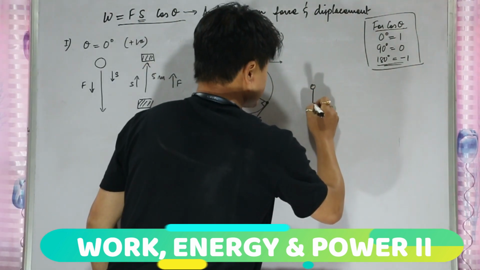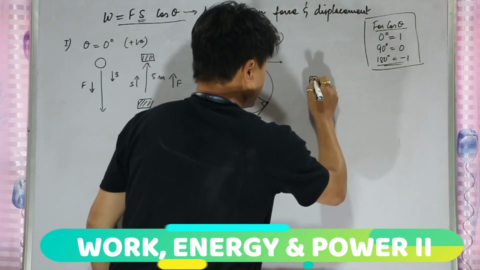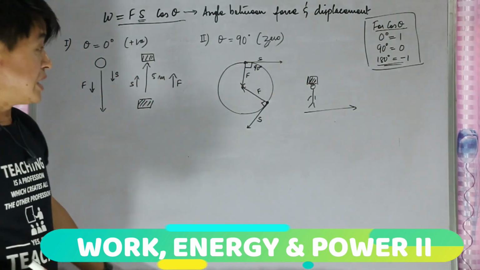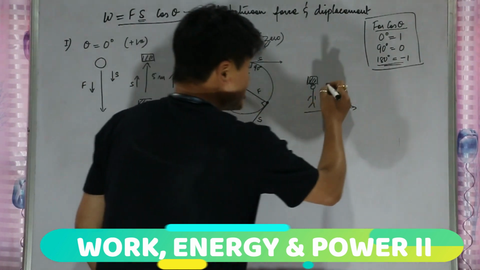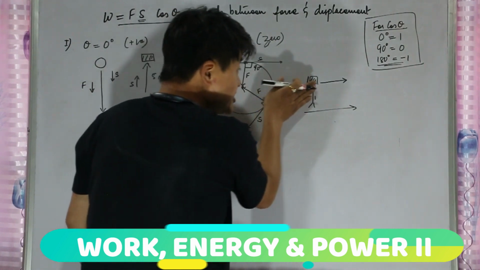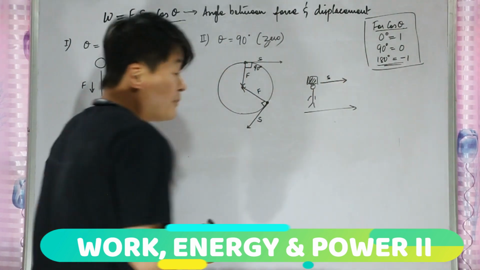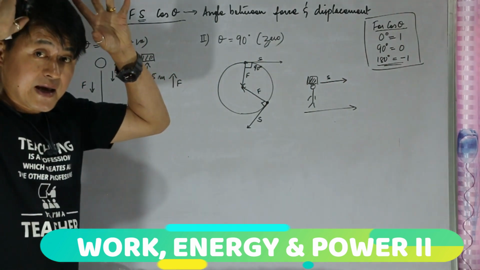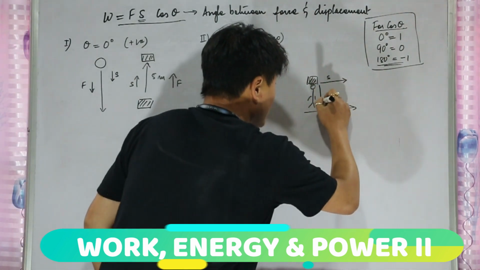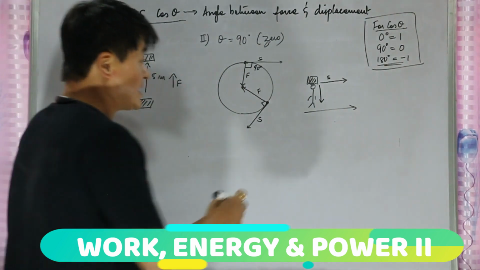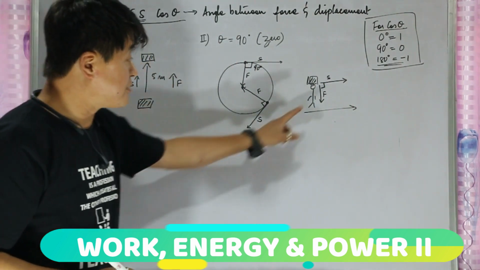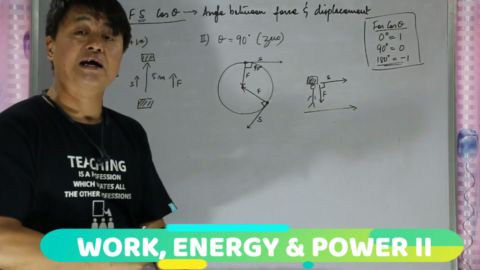If a coolie is carrying a load on his head and moving in a horizontal path, the displacement of the body will be in the horizontal direction. But the load on his head experiences a force directed downwards due to gravity. So the angle between the force and the displacement is 90 degrees.